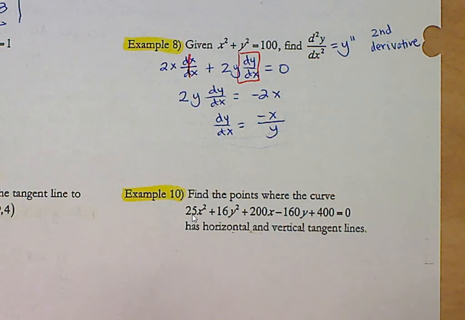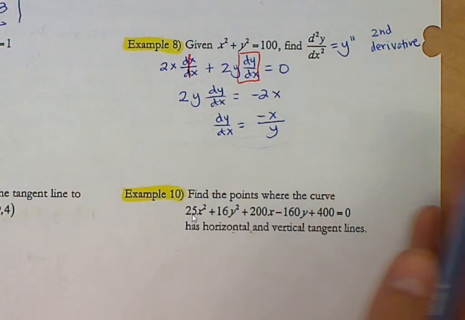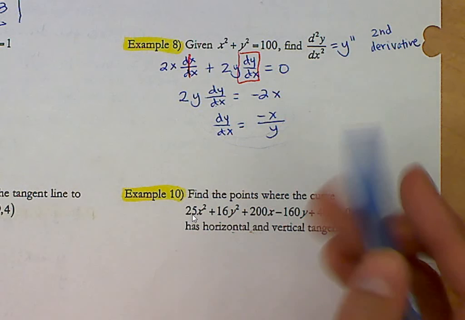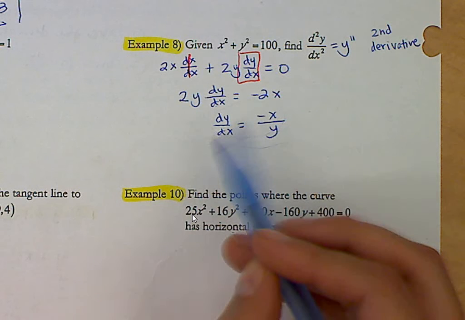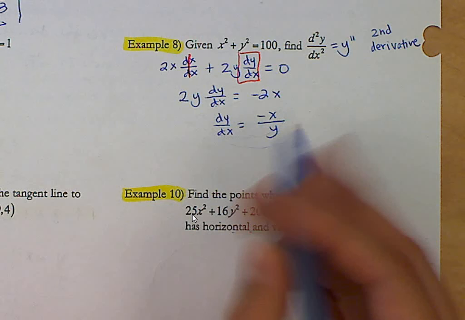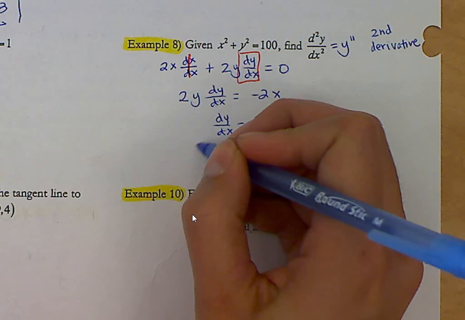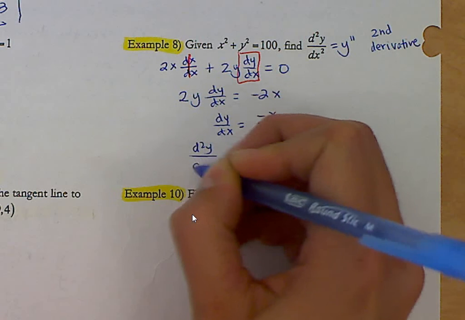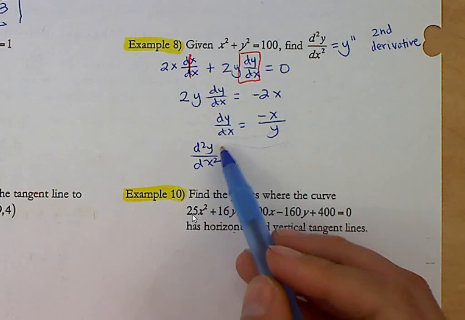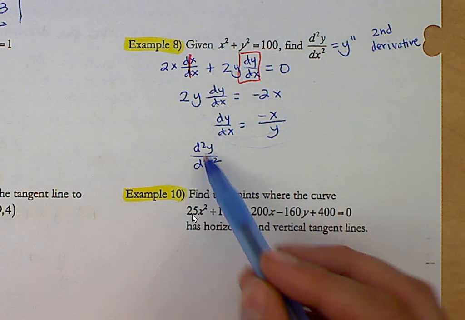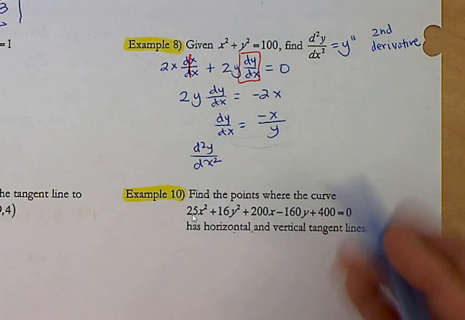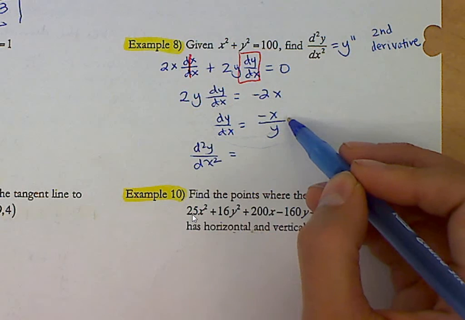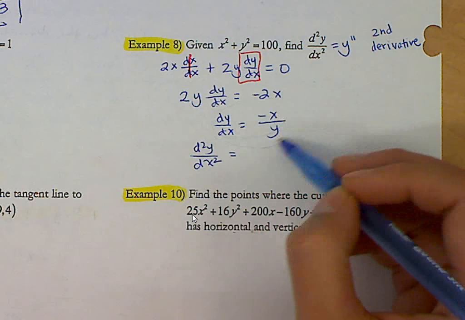Cool. But now we need to find the second derivative. So we're going to take the derivative again, and we're going to do it the same way implicitly. Okay. So the left-hand side, when I take the derivative, turns into this notation. So the d2y over dx squared. So this is just saying the second derivative of y in terms of x. And when I take the derivative over here, I have the quotient rule.